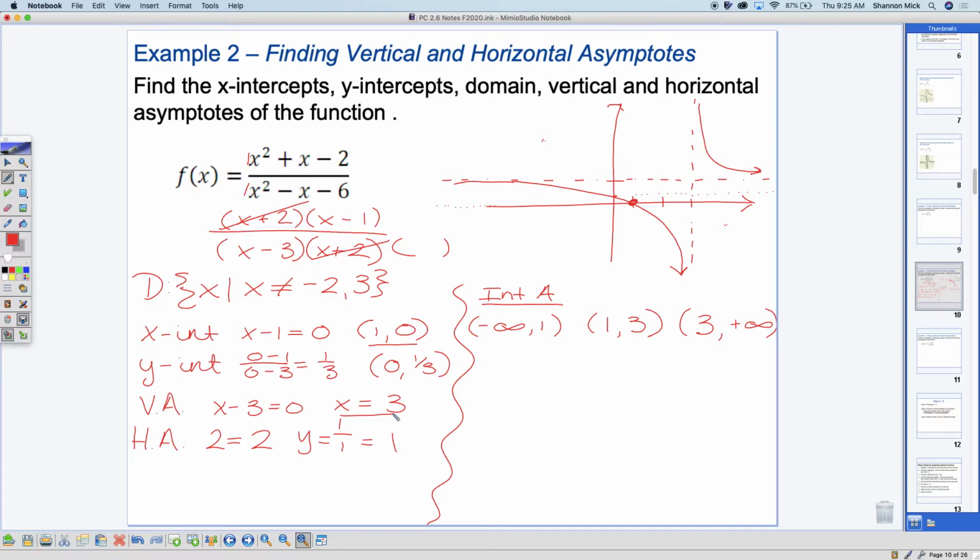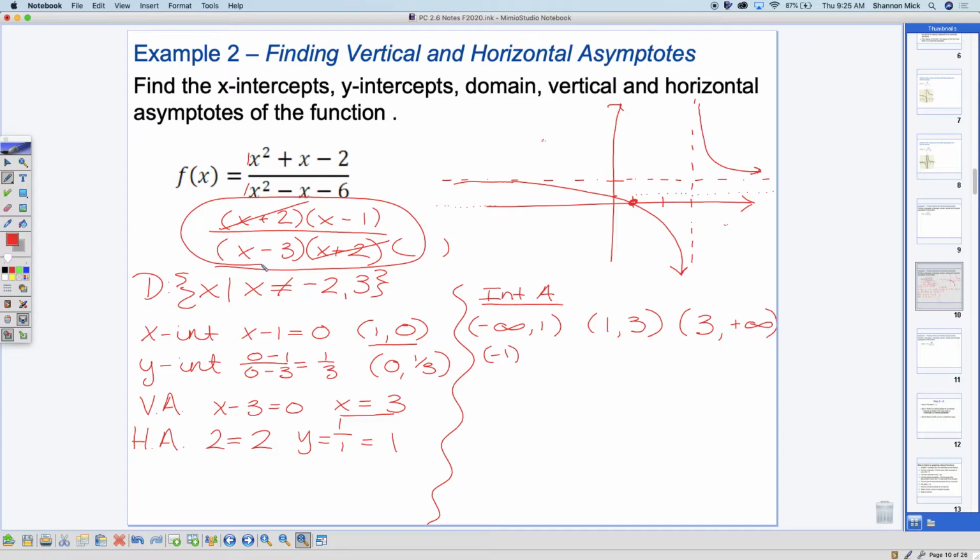So I just need a number between negative infinity and 1. Try not to use 0 because sometimes we do funky things with 0 and do it wrong, okay? But if it's our only option, use it. So what's a number between negative infinity and 1 you'd like to use? Negative 1. Okay. So I plug this negative 1 into my reduced function.